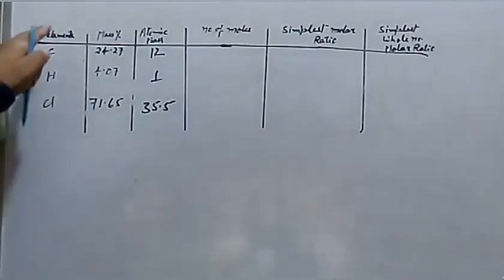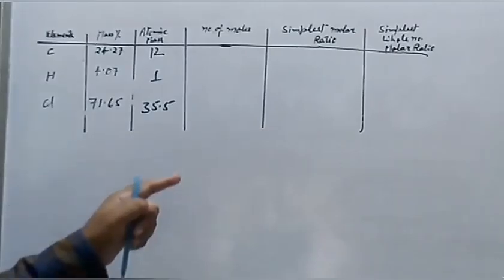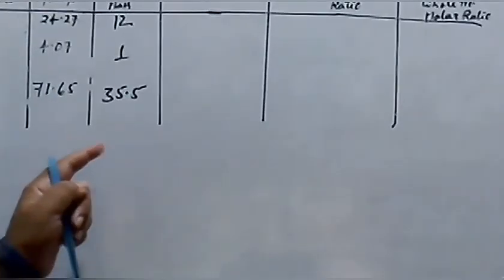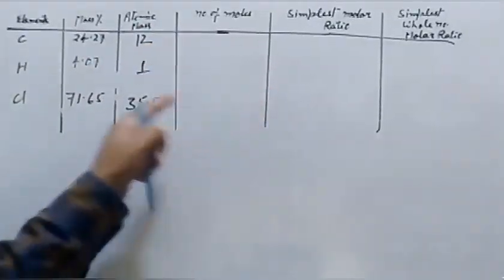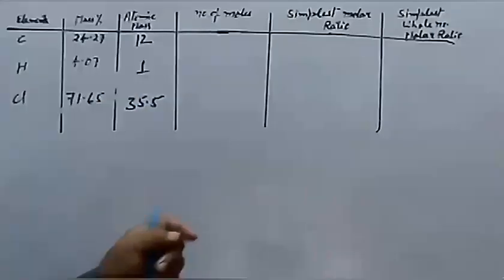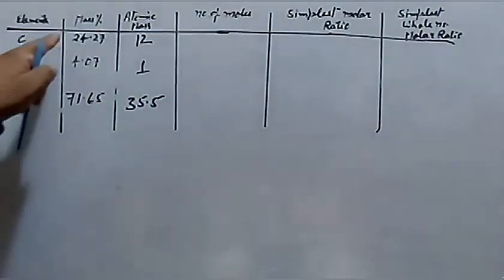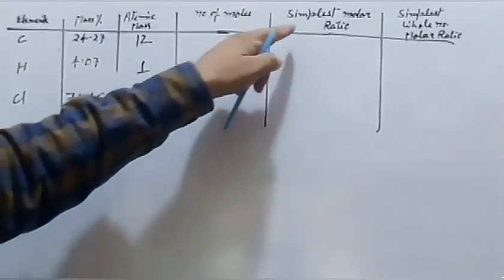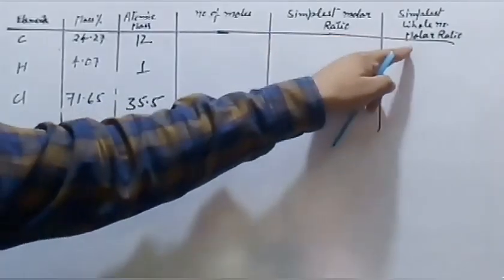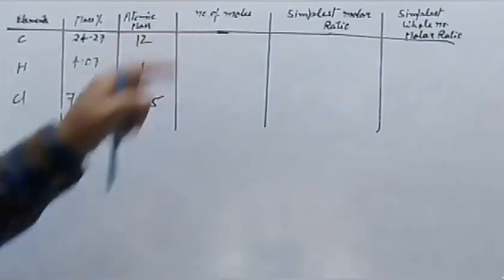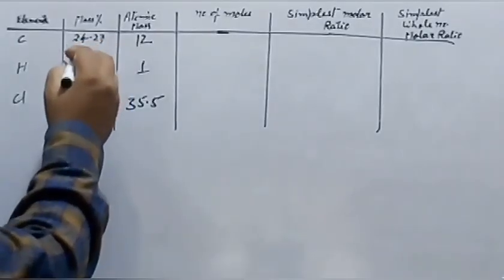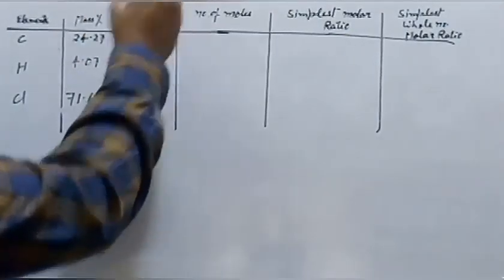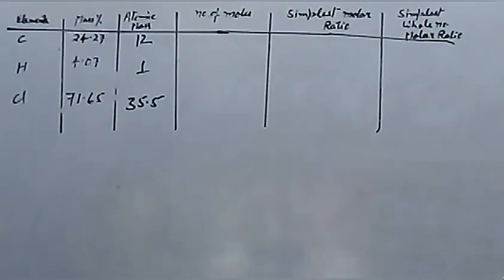First we will make a table because it is easier and convenient to calculate these numericals by making a table. Elements, mass percentage, atomic mass, number of moles, simplest molar ratio and simplest whole number molar ratio. How can we calculate number of moles? 24.27%. If the mass of the organic compound is taken as 100 gram, then it is 24.27 gram.